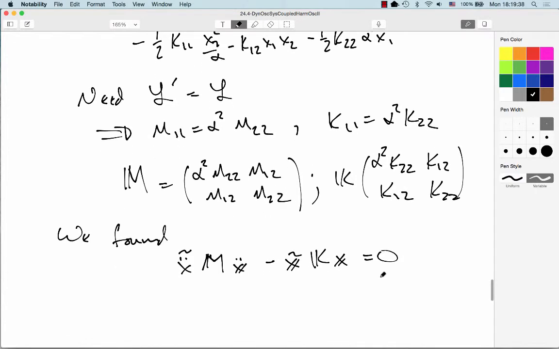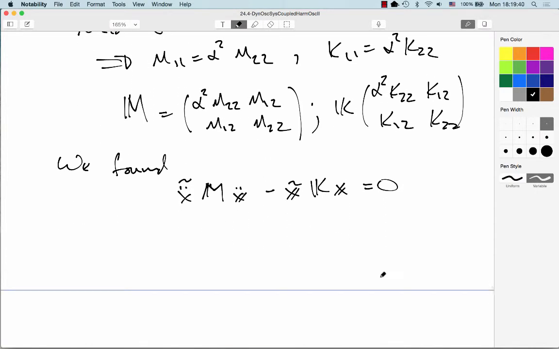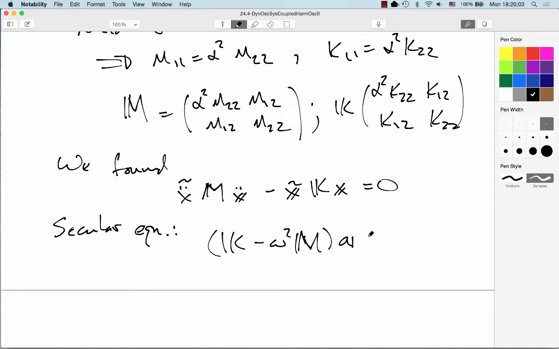That's what we get from Lagrange's equations of motion. So that gives rise to the secular equation, k minus omega squared m, just like before, times our eigenvector a equals 0.